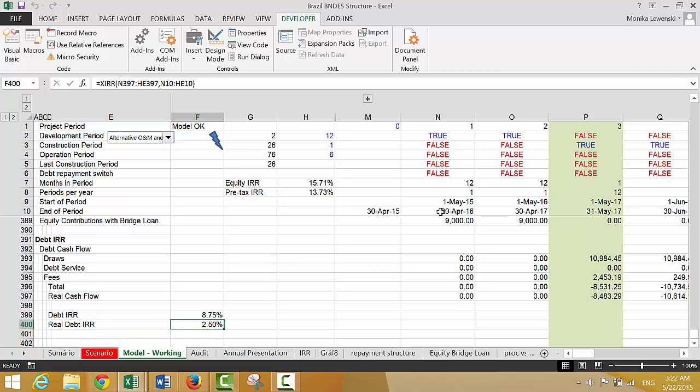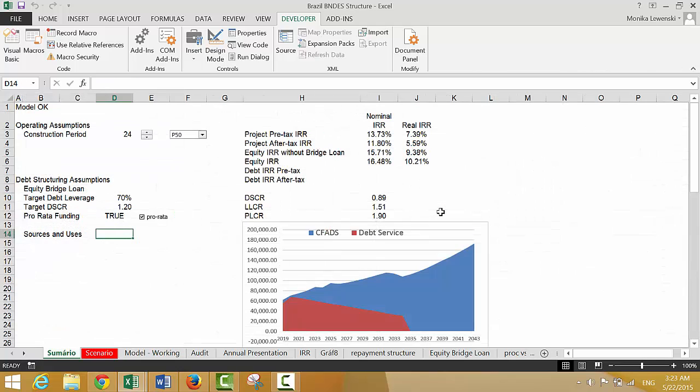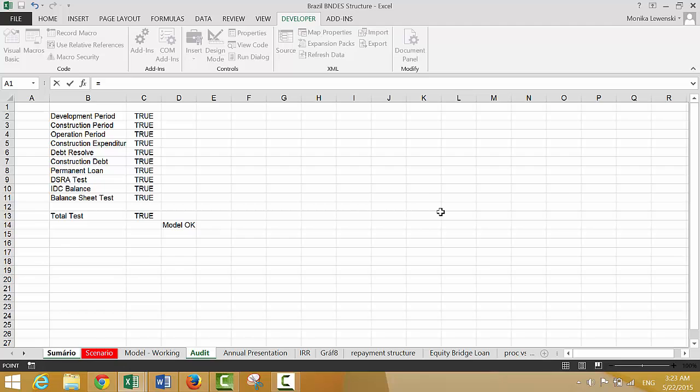Shift Control P. So then we can put this real one. Come on. Okay.